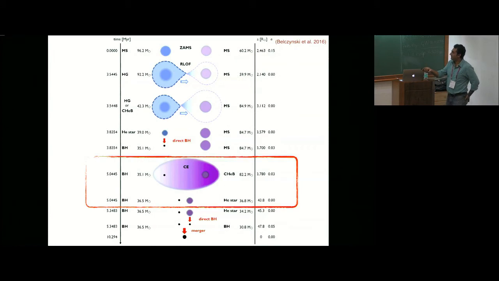And the main part is, this is where the magic is. Without this, you cannot have merging binary black holes. You can definitely have binary black holes, but not merging. They will never merge.